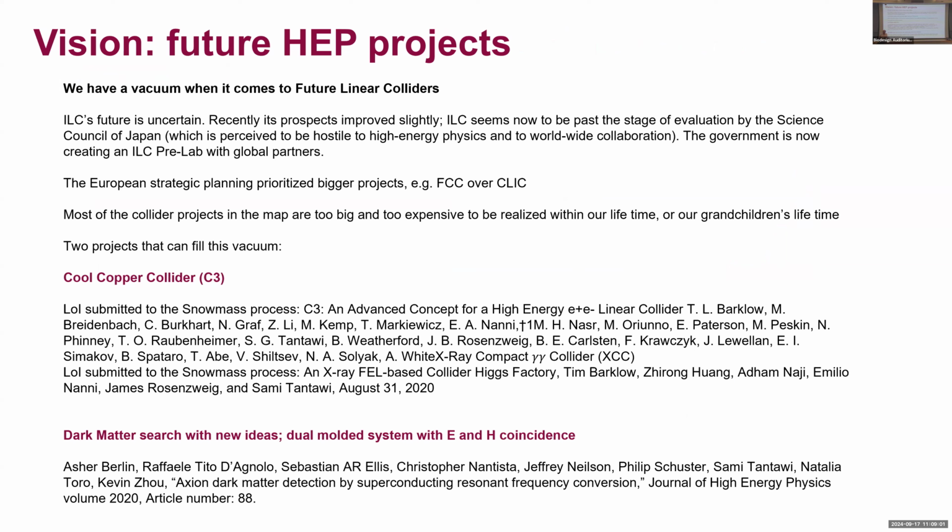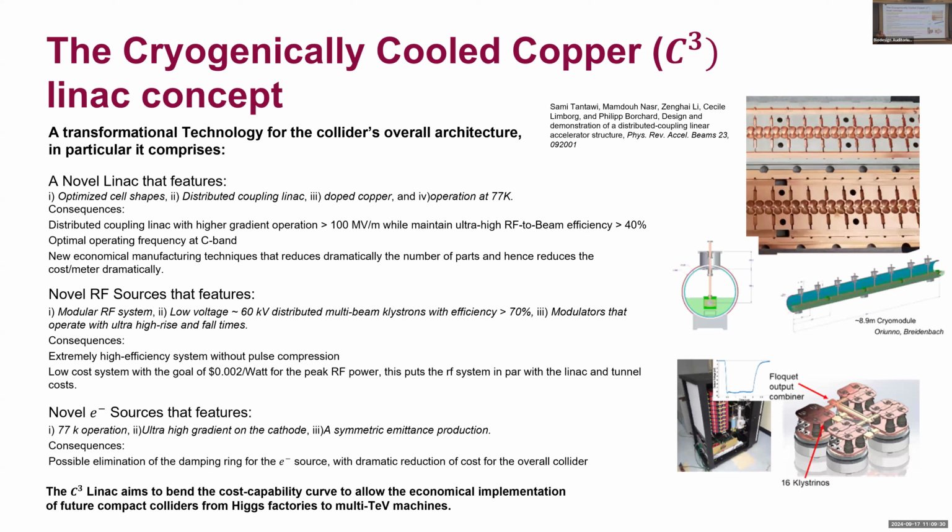But what we have is a vision for the future. One of those visions is what we call cool copper colliders. What we want to do is create an accelerator about 10 kilometers long that accelerates positrons and electrons, smashing them together to study things like the Higgs boson. This is about a 126 giga-electron volt machine, as the mass of the Higgs boson is 126 giga-electron volts.